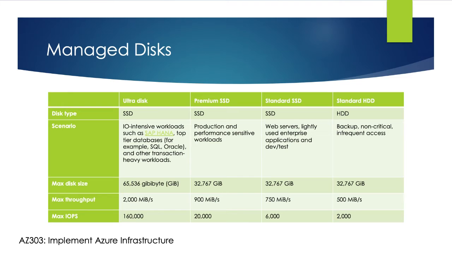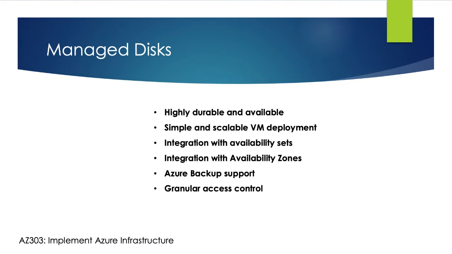And then we start going down through the tiers, and as you can see, you start getting slower performance and slower throughput. Of course, as you get to the standard HDD, they are obviously far cheaper than an ultra disk. So when you're designing your virtual machines, you have to take into account and balance the performance requirements with the cost.